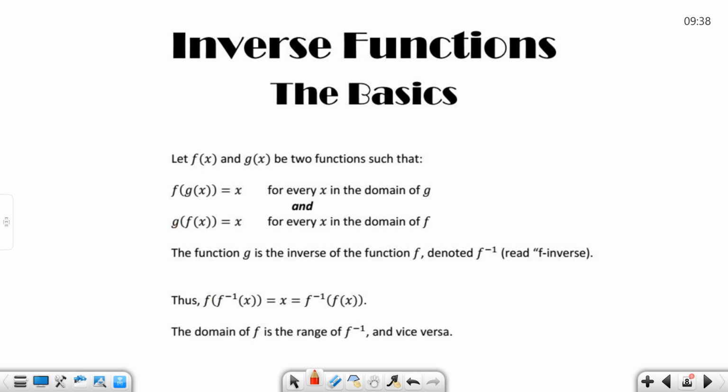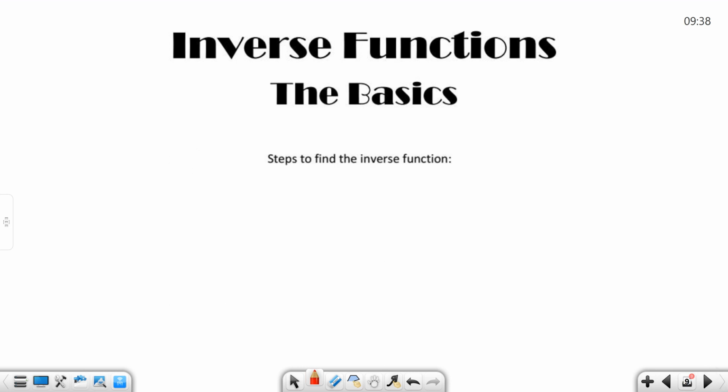That's all it says. The domain of f is the range of f inverse. So it's like you're swapping the domain and range, swapping the x's and the y's. And you'll see that when we find them, how that works. So the domain of f is the range of f inverse and vice versa, meaning the domain of f inverse is also the range of your function f.